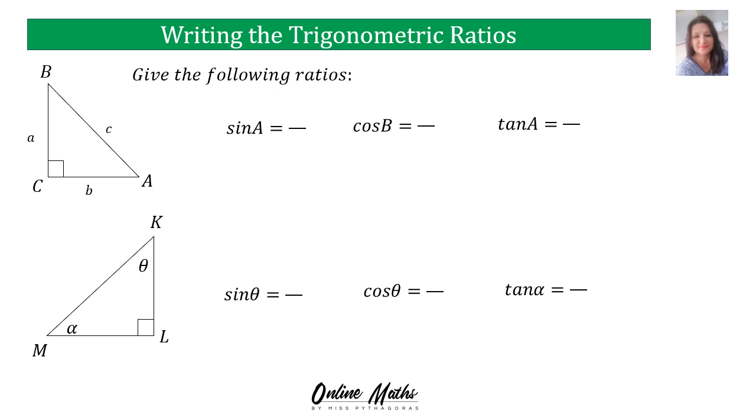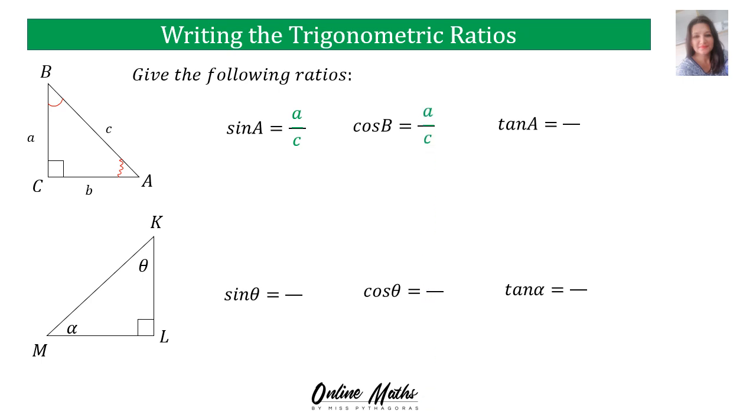Now, the question is sin A. So you go to angle A and you say, what is sin's ratio? Sin's ratio is opposite over hypotenuse. Therefore, it's A over C. Cos B. Now you go to B. Cos's ratio is adjacent over hypotenuse.